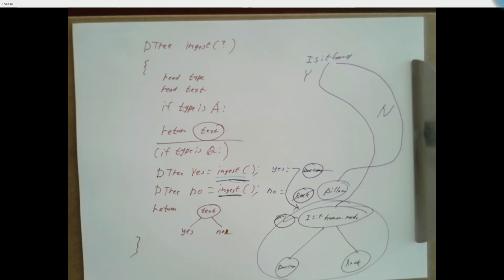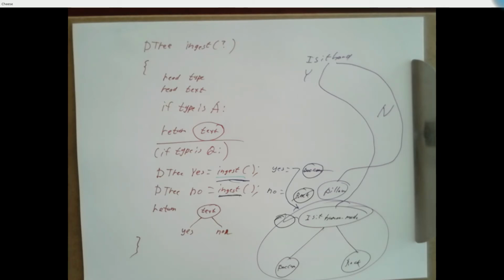Once you decide that this is correct, then you basically forget about the icky details of the recursion and you just code this. And you believe that if you do these recursive calls to ingest to build the left and right subtrees, you're going to end up with the correct tree to return. But then it's this kind of putting blinders on thing, where you say, I'm not going to think about going down the rabbit hole, I'm just going to write code to implement this. So there's a back and forth there.